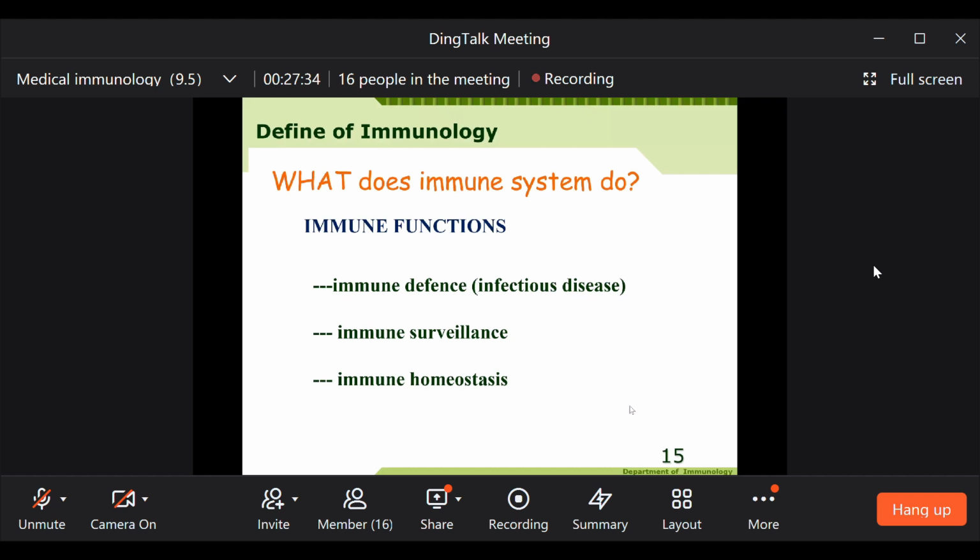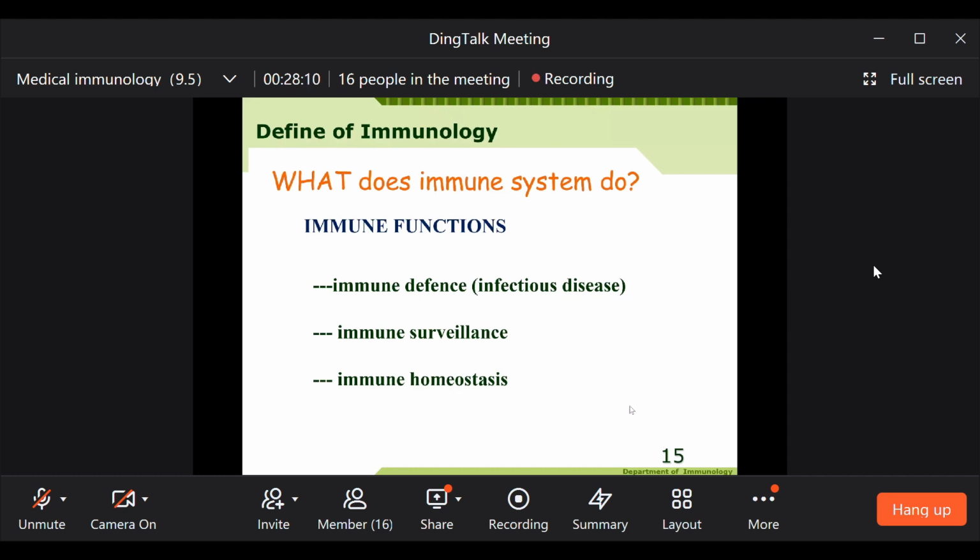And the third one is homeostasis. It means keeping the environment in the immune system stable through immune tolerance and immune regulation, repairing immune cells and damaged organs and tissues, and restoring them to their normal function.